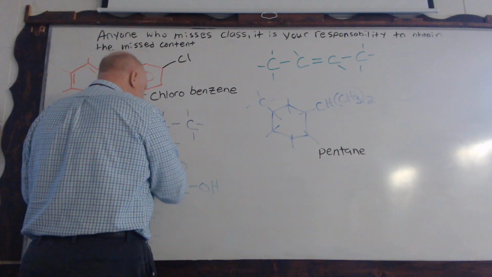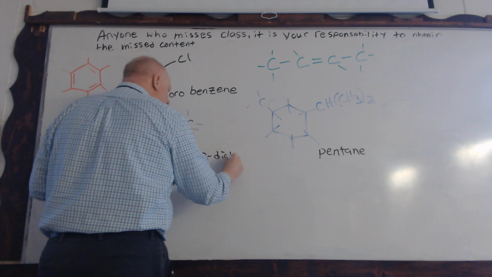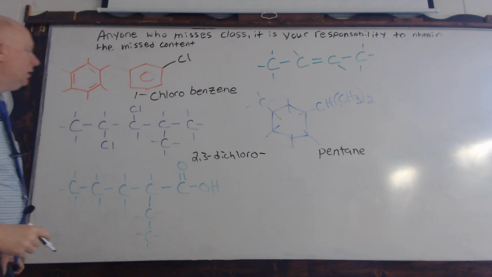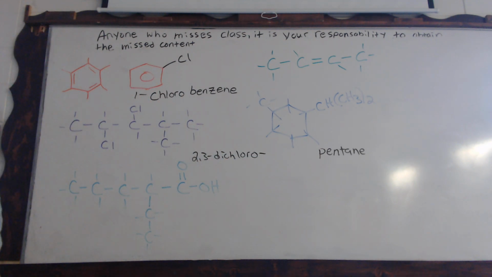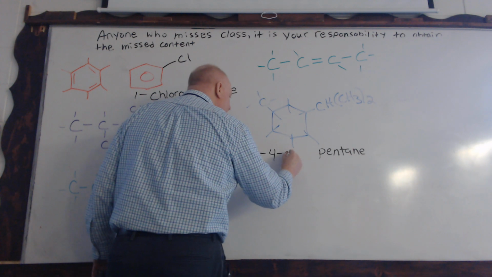I think I can make a little more space here. 2,3-dichloro, dash, and our methyl group is on which carbon? Four. On the fourth one. 4-methylpentane.